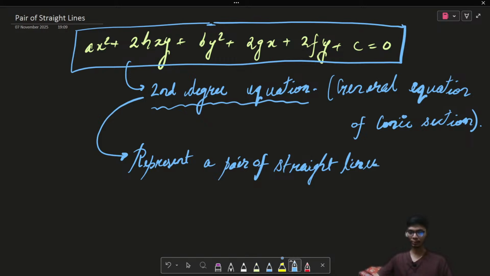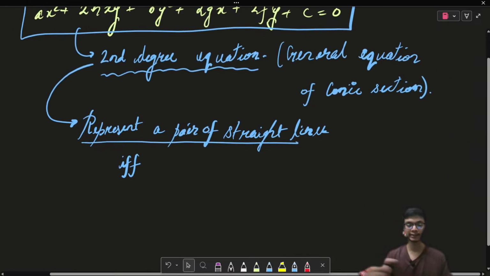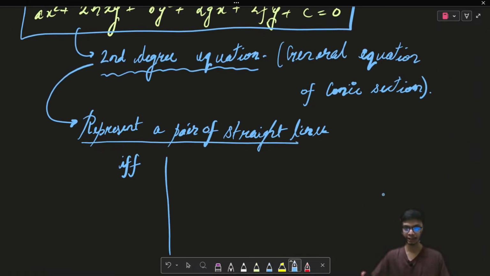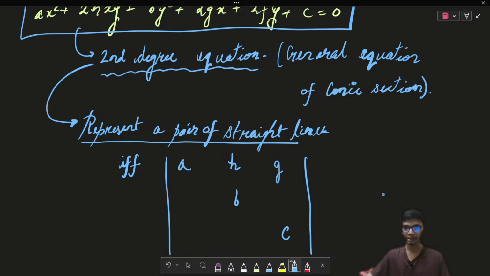It is going to represent the pair of straight lines equation if and only if, okay? IFF means if and only if. If we recall from the previous class, this result exists only when this determinant, whose diagonal elements are a, b, c and the non-diagonal elements are h, g and f, a symmetric matrix, is equal to 0.